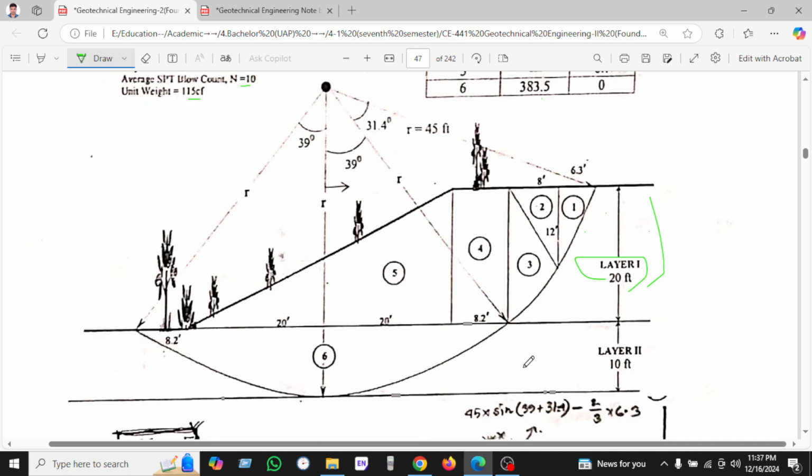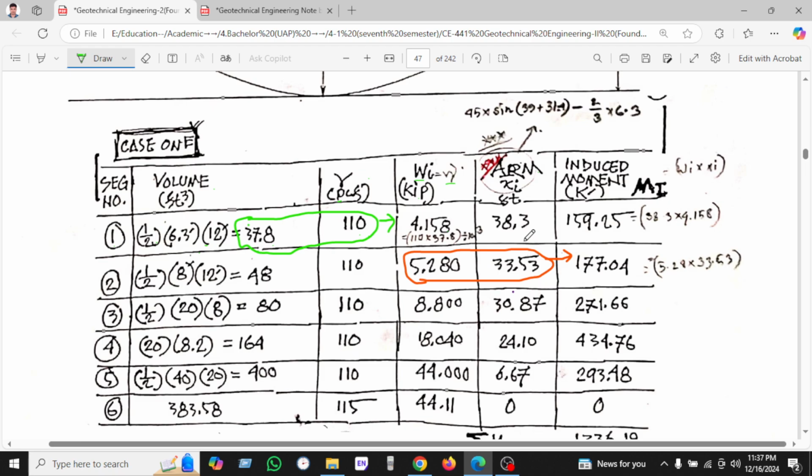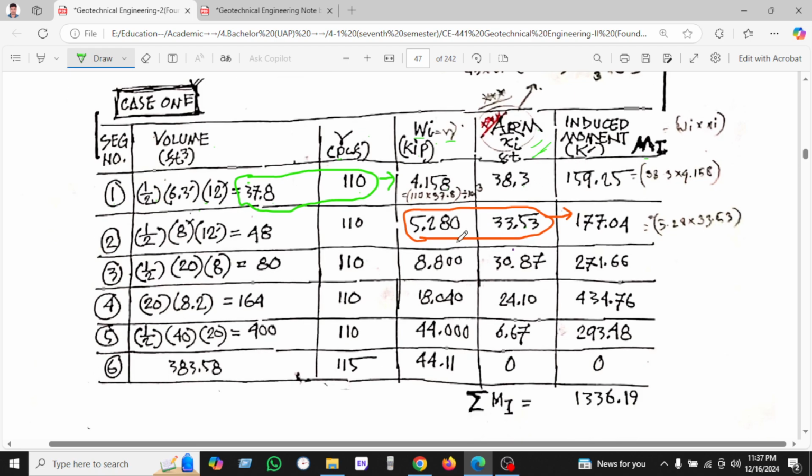This is given. If the arm is not given, then we can calculate the arm. So how will we get the induced moment? The weight into arm. So if we multiply 4.158 into 38.5, then we found 159.25. So I want to show how we calculate the arm.